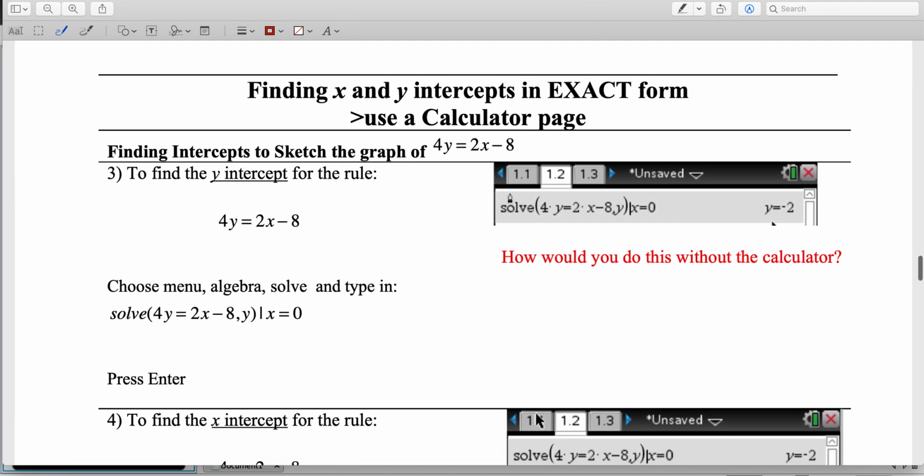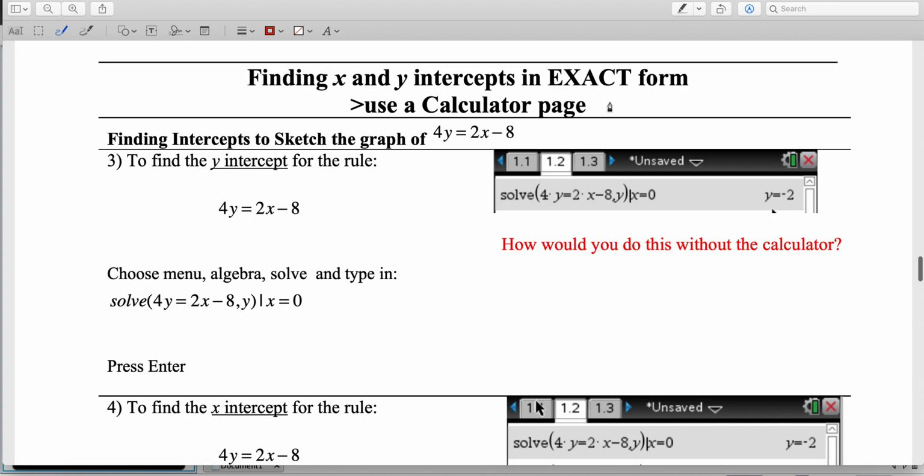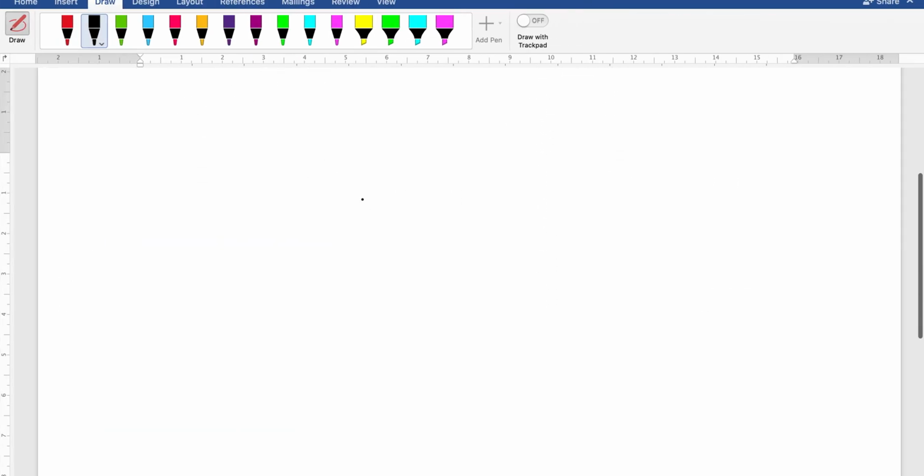So that's a note that is in your booklet when they're talking about exact answers. Now we're going to find the x and y intercepts in exact form. It says to find the y-intercept for the rule. Let's go down here for 1 second.